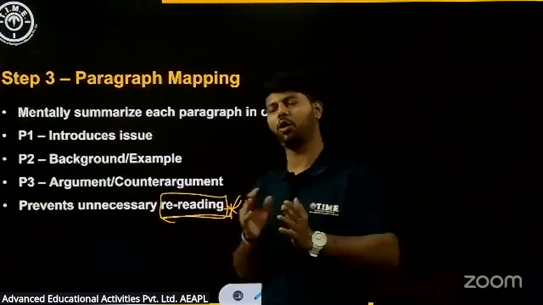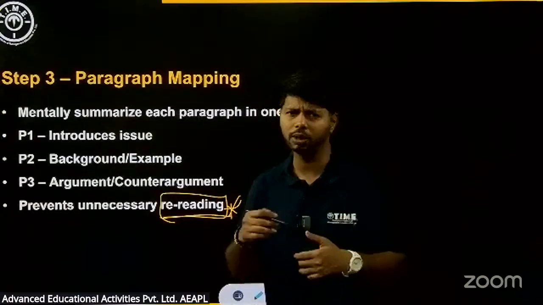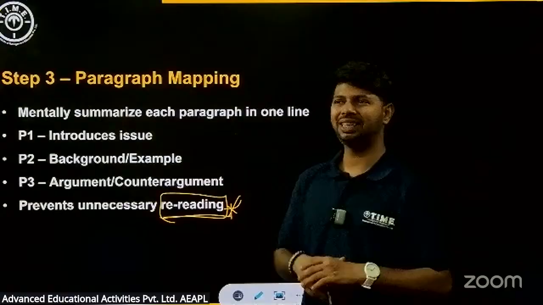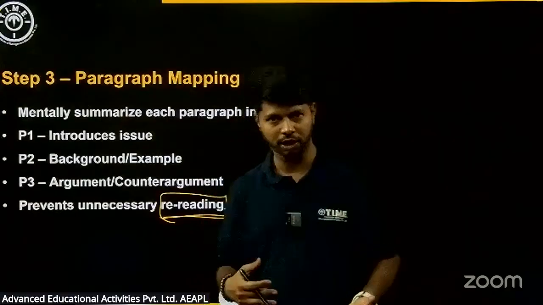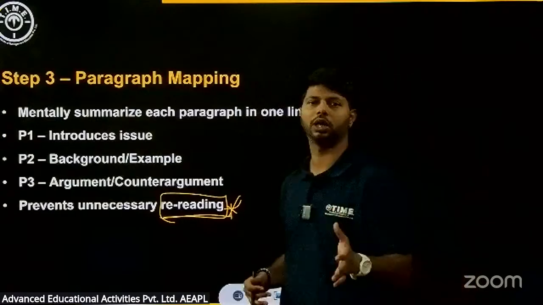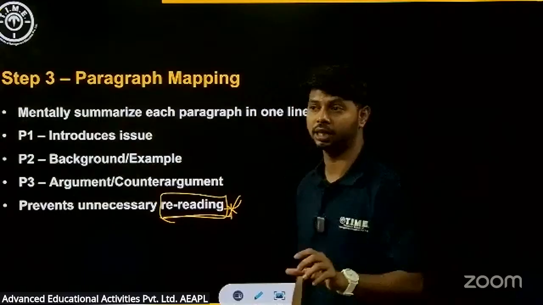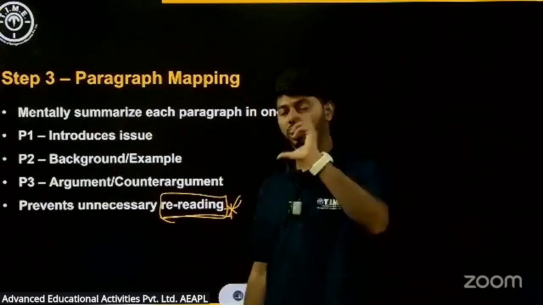You will be required, when you do the questions, to go back and check. But it has to be a check. It can't be, I will understand this argument right from the start. That is going to take a lot of effort and a lot of time. And often you may not even completely understand it because you're reading maybe only a part of the RC, not the whole thing.